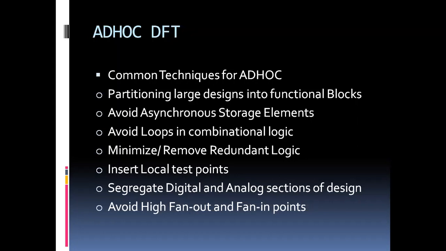What is the advantage? Normally, the testing effort is proportional to the square of the number of components. So if I'm having a whole big design, the number of components is proportional to the square of that.